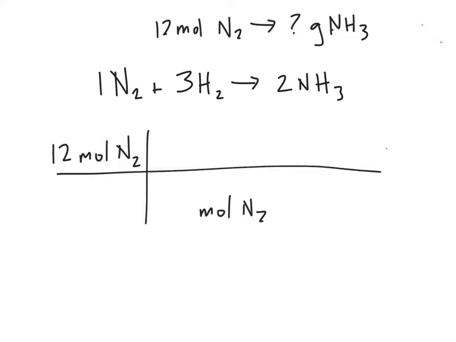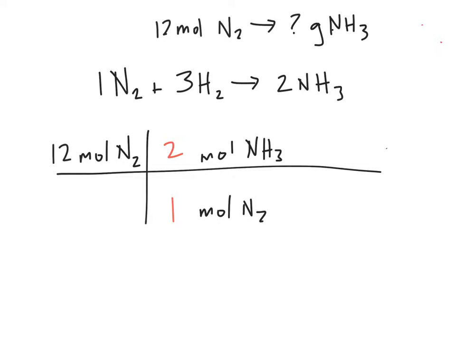So this is my chance to convert to something different. So I can go from moles of nitrogen to moles of the substance I want to solve for, which is NH3. So now I'm looking at my ratio. Find the coefficient for NH3 in the equation, and it's a 2. So I'm going to write a 2 here. And then write my coefficient for N2 in my equation. It's actually a 1. So I'm going to put a 1 there.